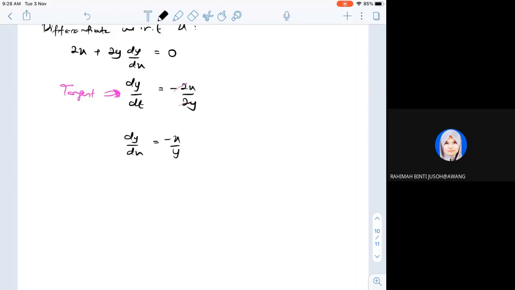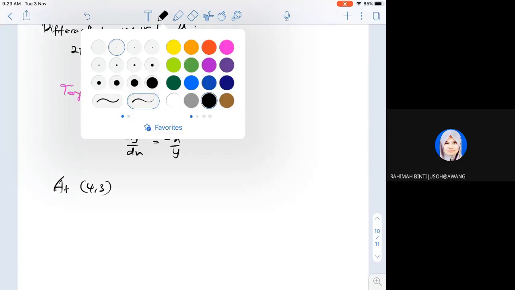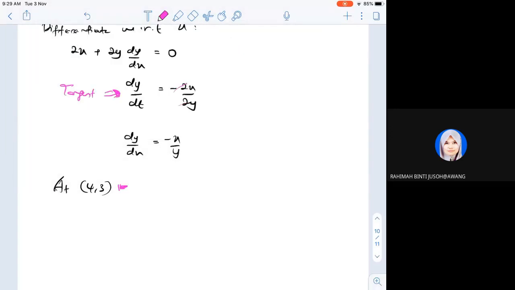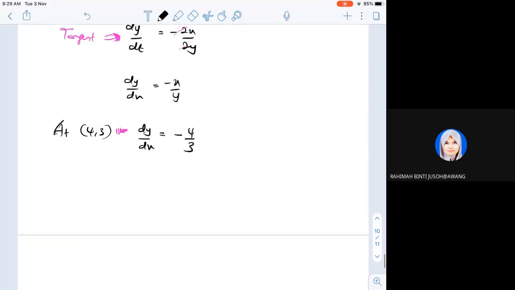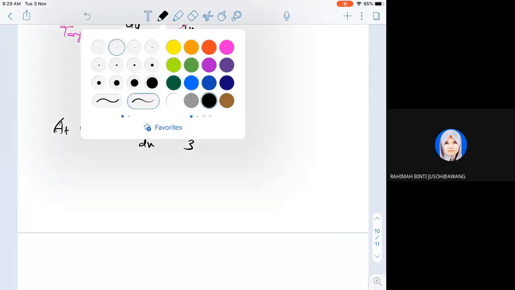So at the point of 4, 3, dy dx should be negative 4 over 3. Okay, guys. Now, cara baca dia. How do we read this vector?